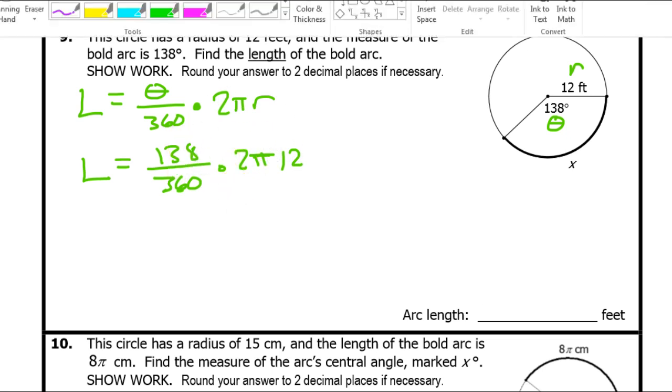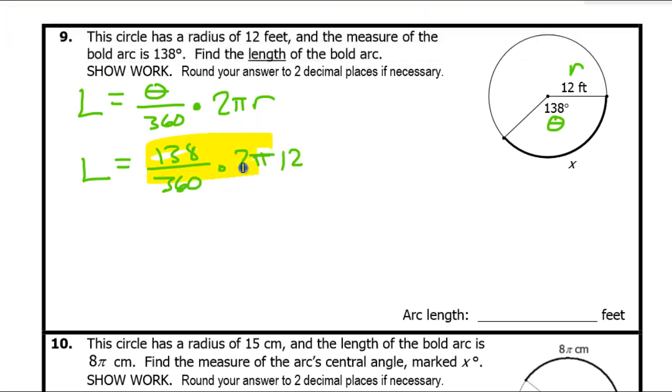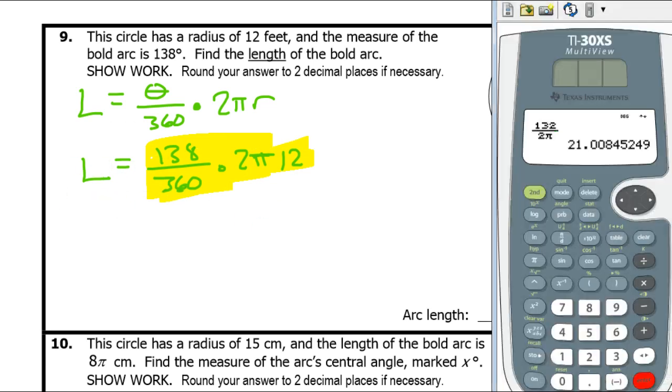And so really I could just put all of this in my calculator just like it is, because that just leaves L by itself. So if I put that in my calculator, I'm going to have 138 over 360, times 2 pi 12. So that's the exact answer. Maybe I'll write that down, 46 pi over 5.